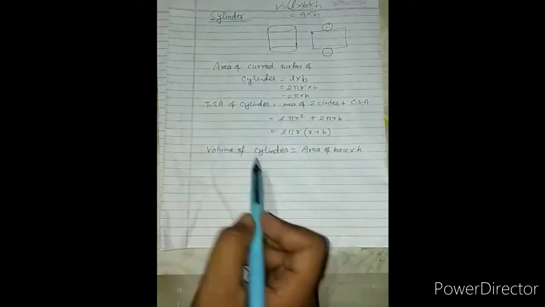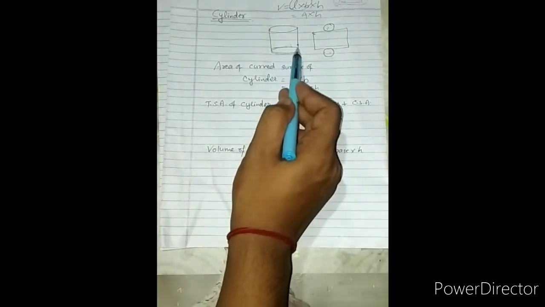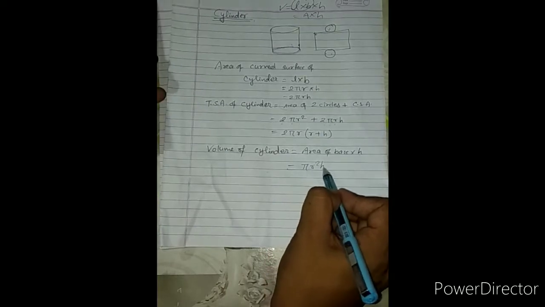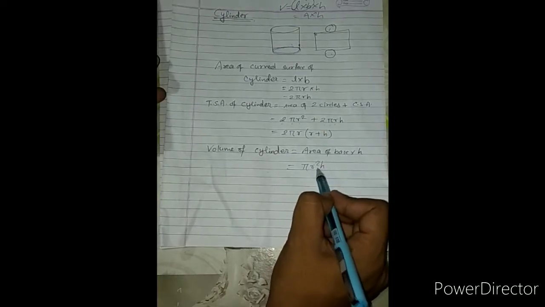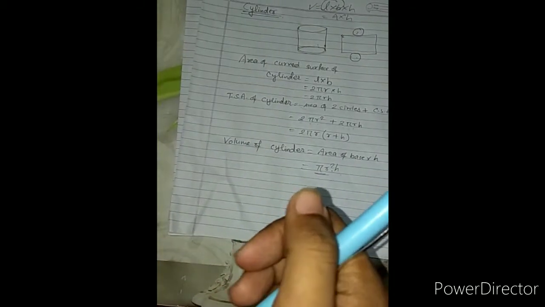That's why we use area of base into height. Now what is there in base? Base is a circle, that's why area of circle pi r square into h. Pi r square is the area of base into this h. So these are the formulas to calculate total surface area and volume.